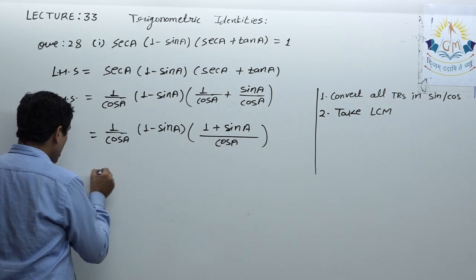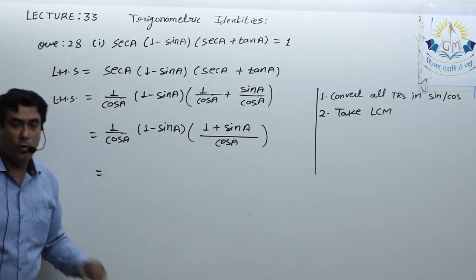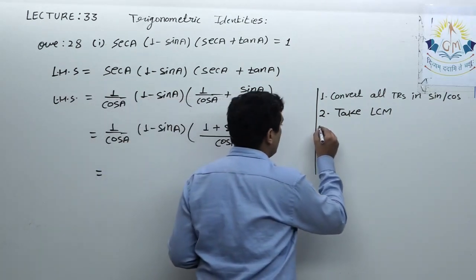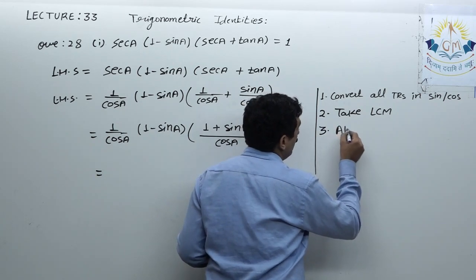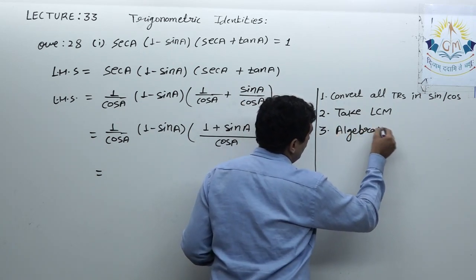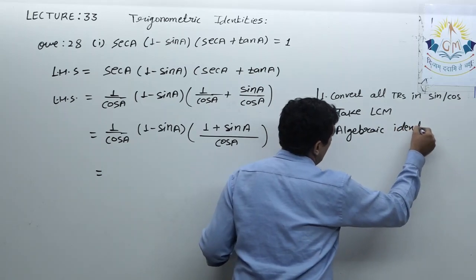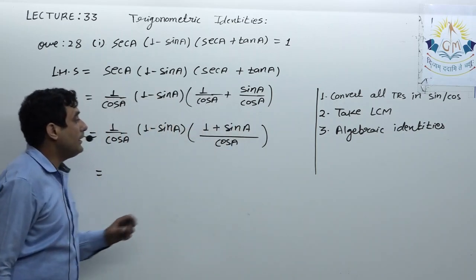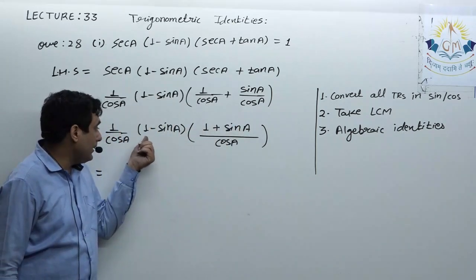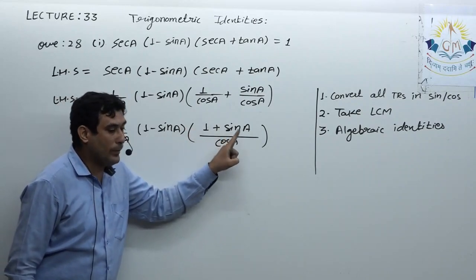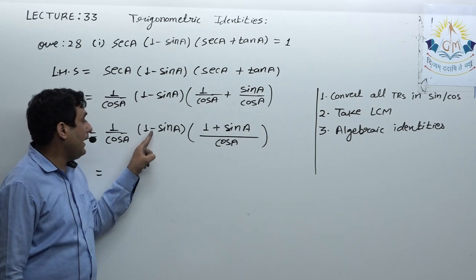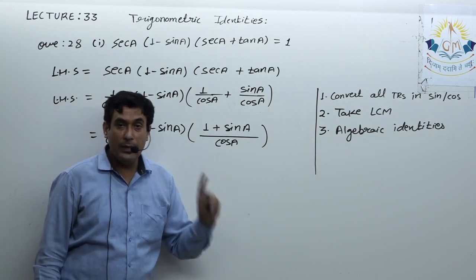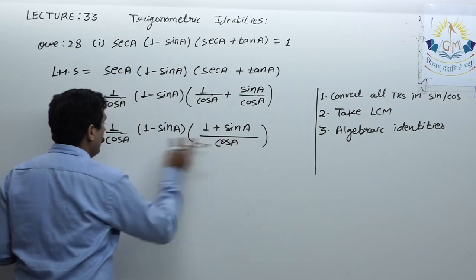Now if you observe carefully, here we can apply one algebraic identity. So the third point I am writing is algebraic identities. See which identity you can see here. It is 1 minus sine A, here it is 1 plus sine A. That means here I have A minus B, A plus B. That identity I can use because all three are in multiplication.